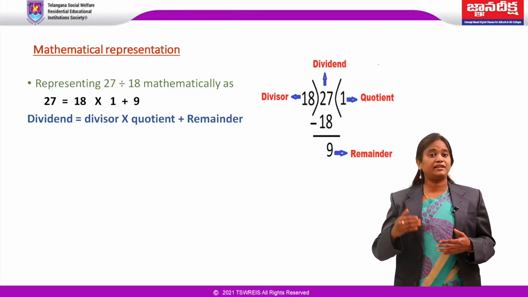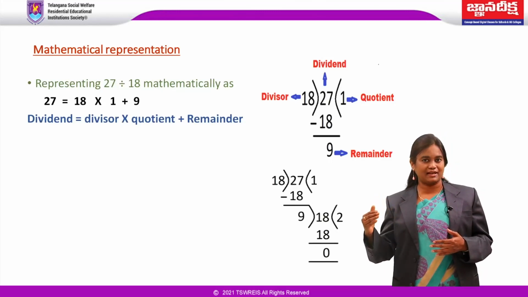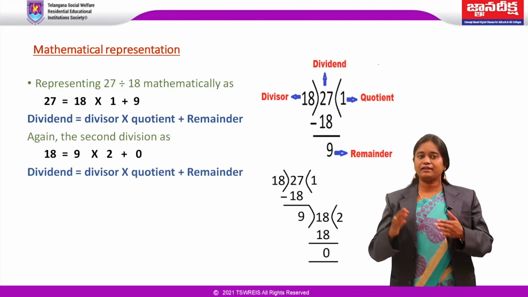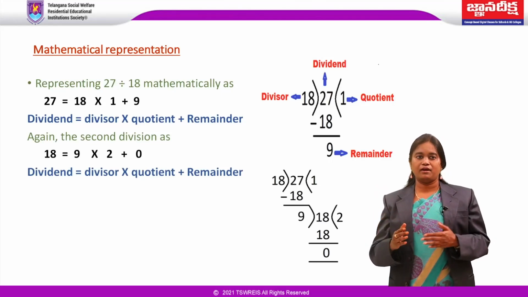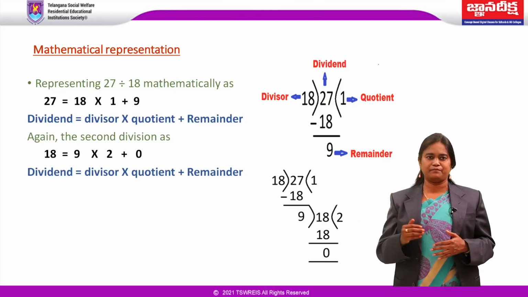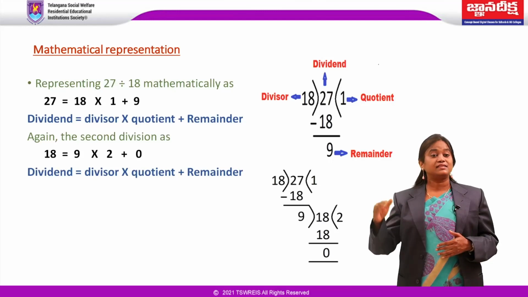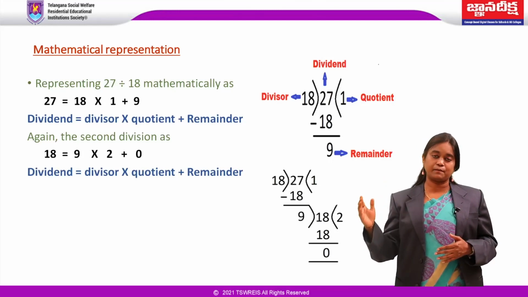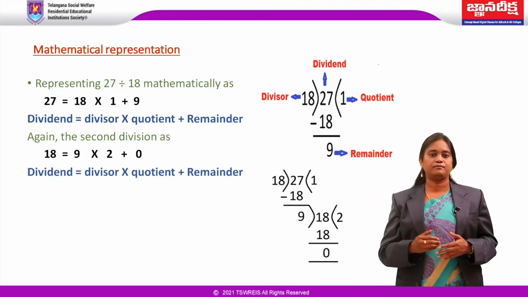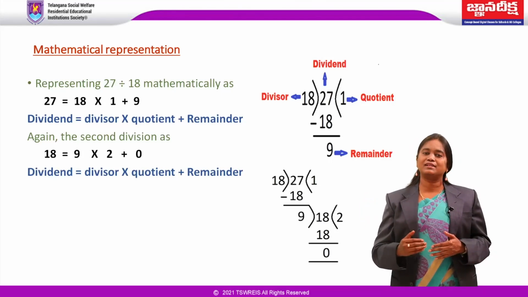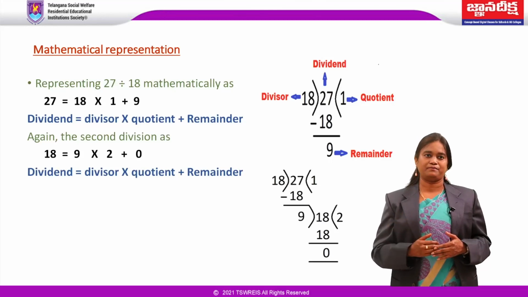Again, the second division can be represented as 18 is equal to 9 into 2 plus 0. 9 twos are 18 plus 0 is equal to 18, which is the same as dividend is equal to divisor into quotient plus remainder. This statement is known as Euclid's division lemma.